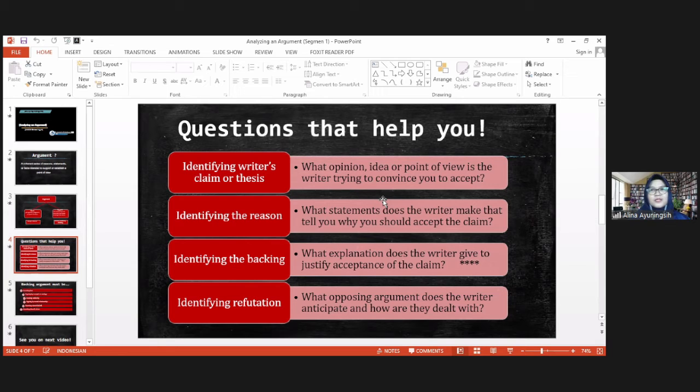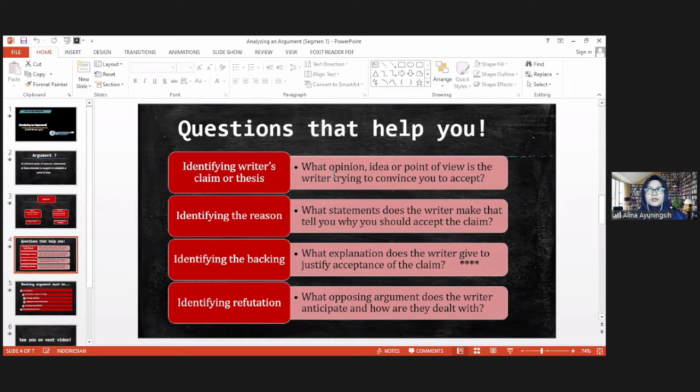Nggak ada penulisan seperti itu. Jadi itu kenapa tidak ada reason yang ditulis kenapa writer menuliskan itu. Tapi reason yang tadi, school uniforms are a better choice for 3 reasons, itu lebih ke thesis statement.